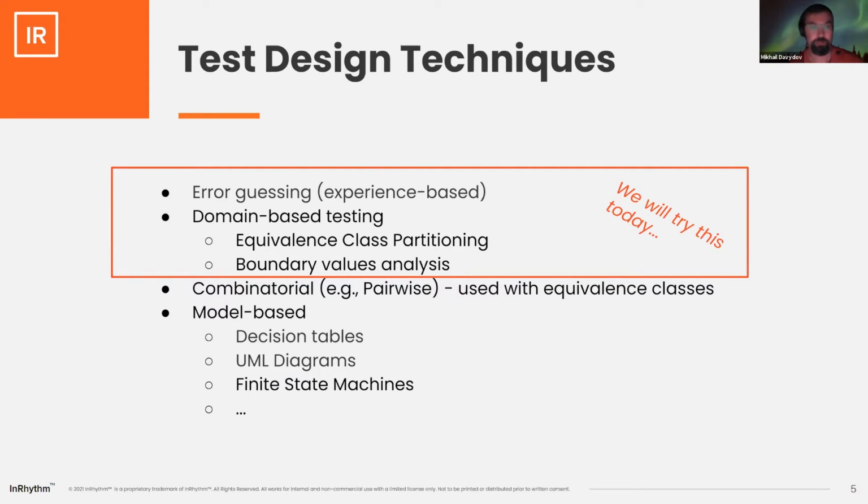So I can give you just a list of the names of the techniques that testers are using in their work. The most simple is error guessing, which is basically you're just looking at your application, your functionality, and thinking, okay, what bugs can be lurking here? Or which bugs would I expect in this functionality? Okay, I know it will be this.